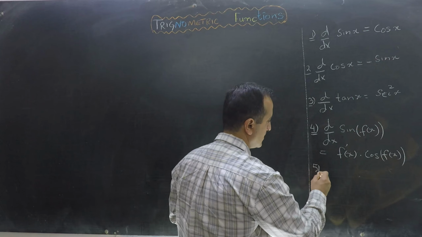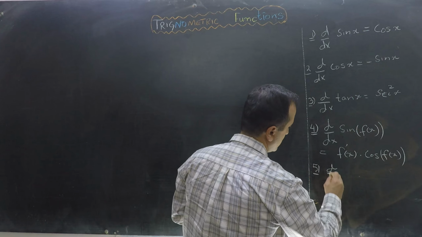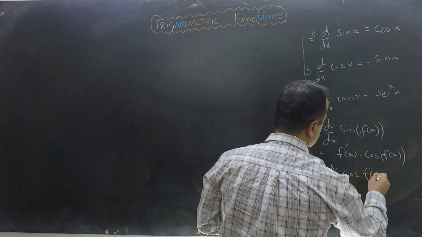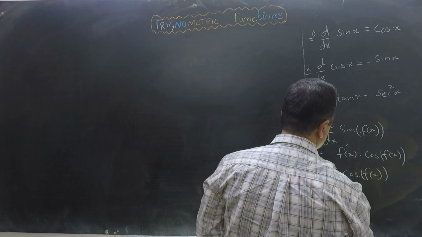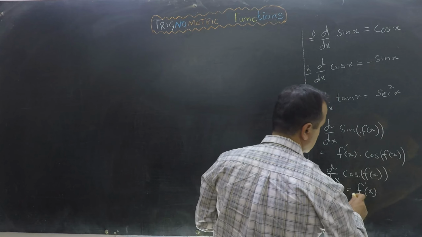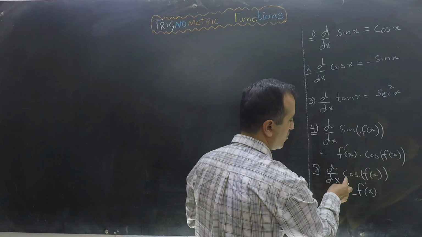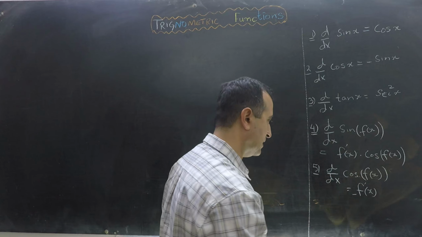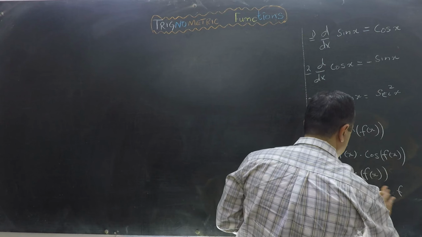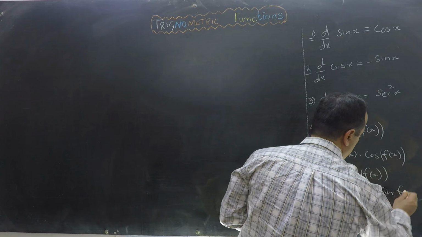Similarly, derivative of cos function of x is equal to derivative of function of x times minus, because cos x derivative is minus sin x, so we have a minus sign here, and here we have sine function of x.